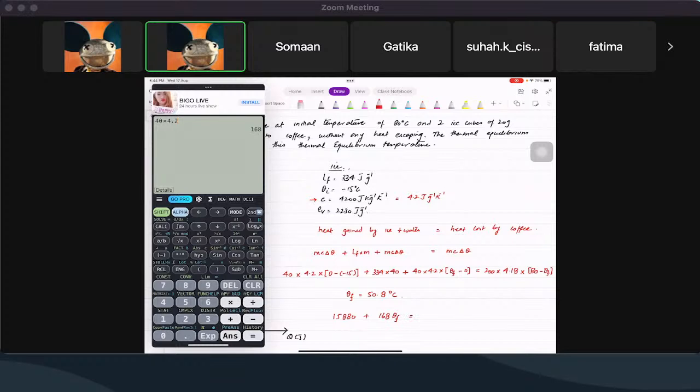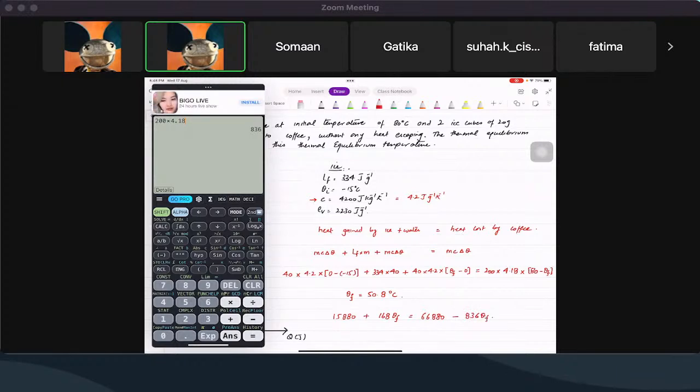And then I'm gonna write 200 times 4.18 times 80. So that's gonna be 66880 minus just this, 836 theta f.